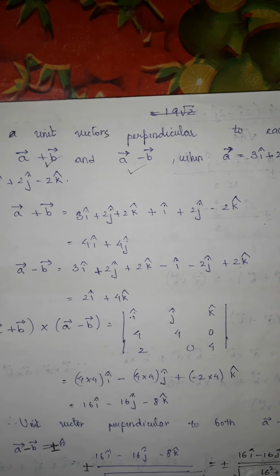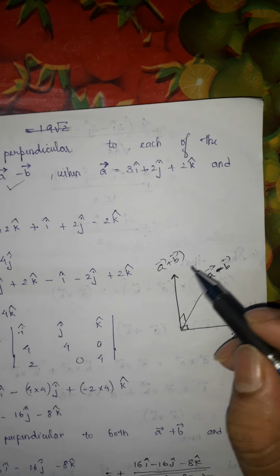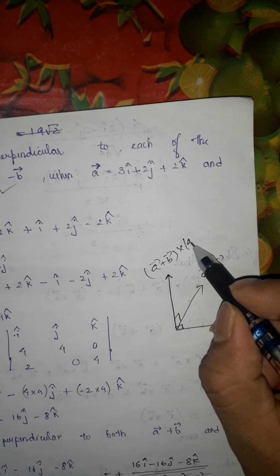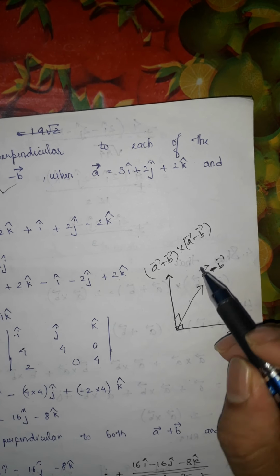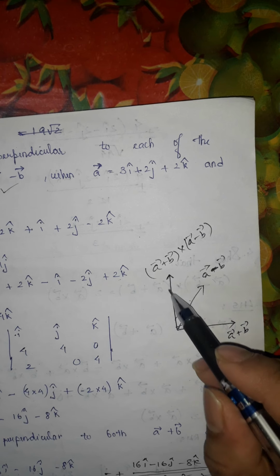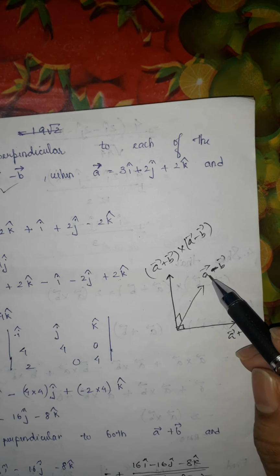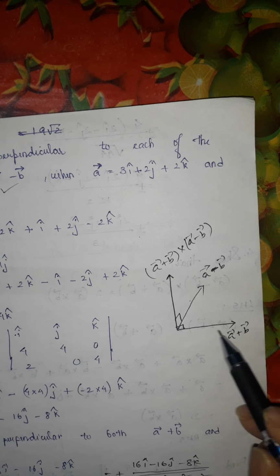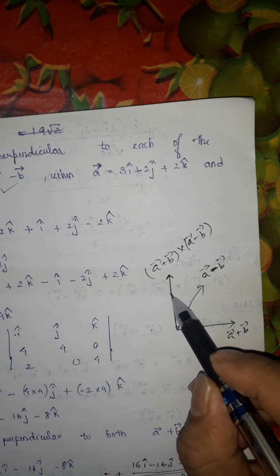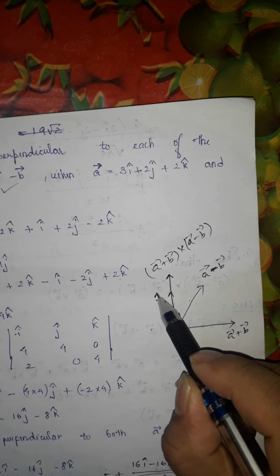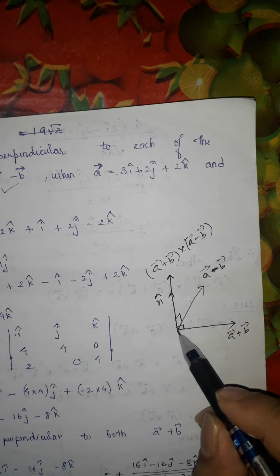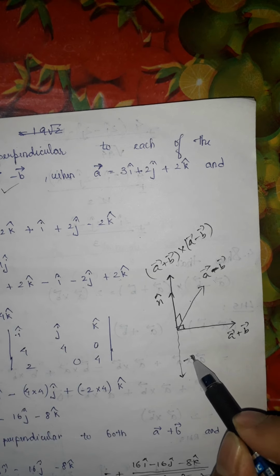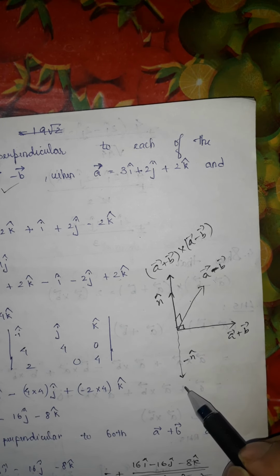The cross product of these two vectors will be perpendicular to both a plus b and a minus b. Then you find n cap along this vector, and then minus n cap along this vector.